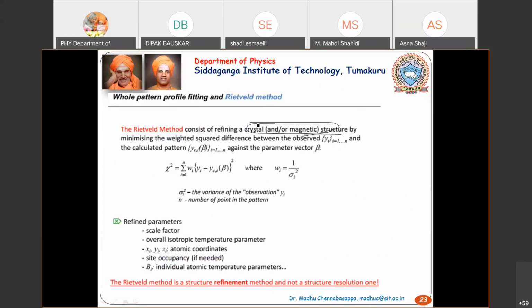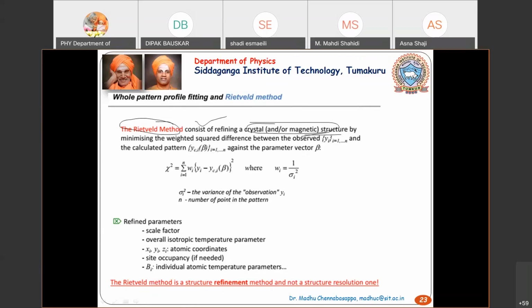But in our case, we will be talking only about the crystal structure refinement, where you need to take care of the intensity: which atoms are present in your sample, how many atoms are present, and what the scattering factor of each is. We take all of this into account when doing the Rietveld refinement.